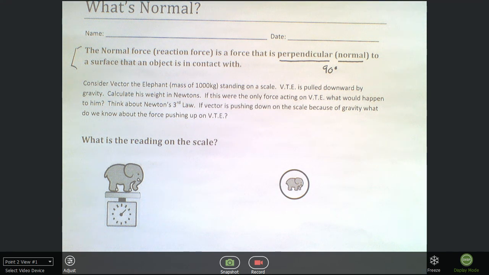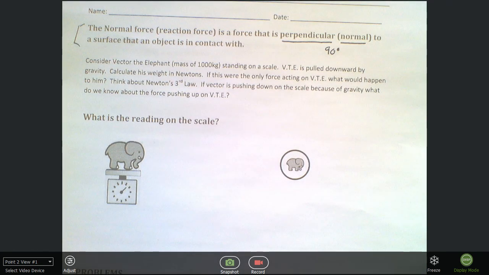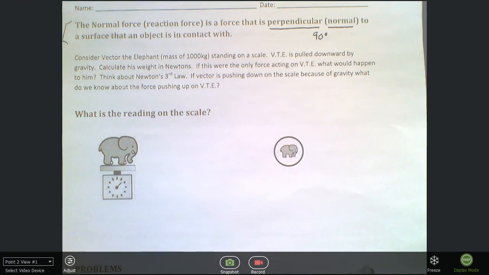So another way to think about it, and we'll use this example of Vector the elephant standing on a scale. If you're standing on the floor, you know that you have weight. You have mass times gravity pulling you down. You are attracted to the earth, it's pulling you downwards. So let's say you're on the second floor of your house and you're standing on the floor, you're not accelerating.